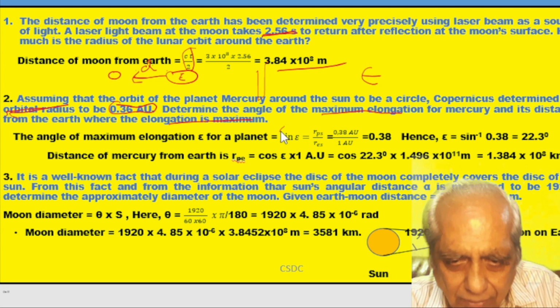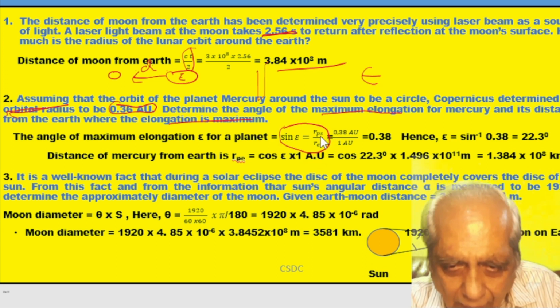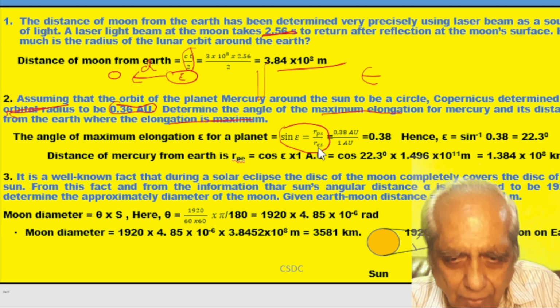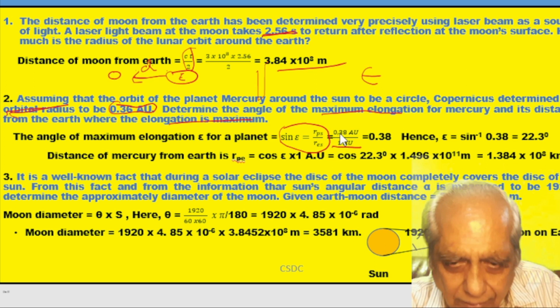This we have derived last time, as R_PS, the planet from the sun, is sin epsilon into R_ES, because this value is 1. The radius of the earth from the sun is 1 AU. In this case, the radius of the planet from the sun is 0.38, so I will cancel it with 0.38. You take the inverse, and you will get the value of epsilon naught.